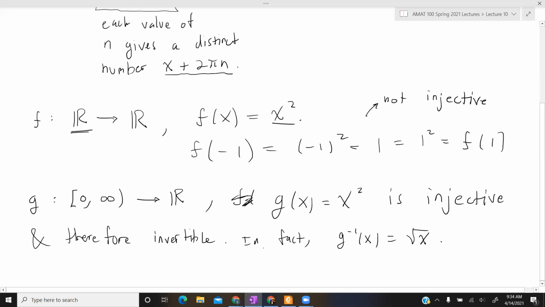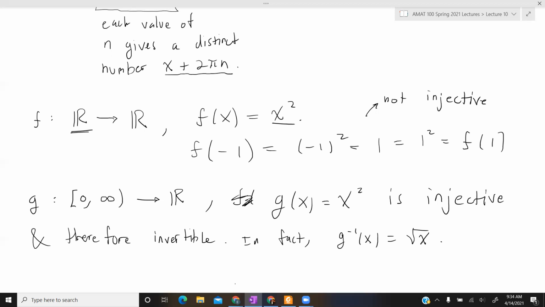So when you look at a function on a different domain, the idea is you have these rules. A function consists of a domain, a codomain, and a rule for assigning elements between the domain and the codomain. So you have these three pieces of information that go into making a function.